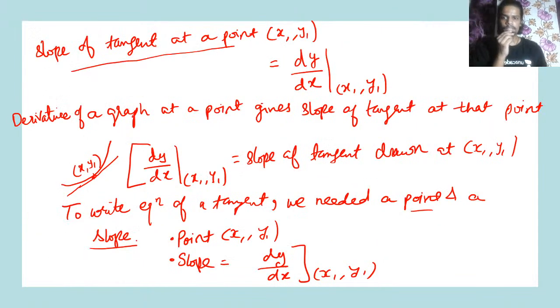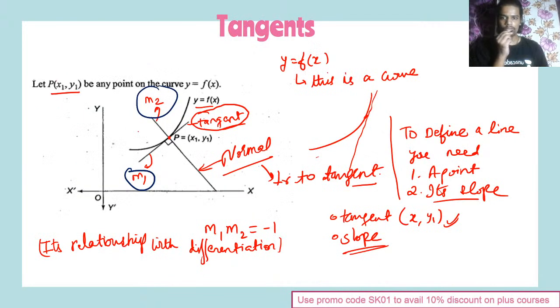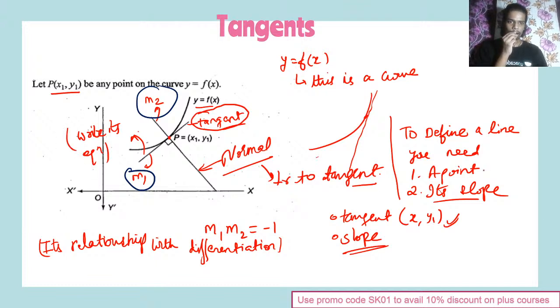Fine. And we said that the slope of the tangent at a point x1 comma y1 is equal to dy by dx. This is what you should know, that in order to write its equation, I want to write its equation, and to write its equation we need a point on the line and its slope.